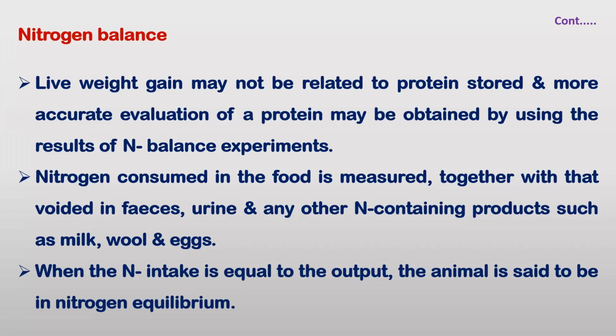So we can say the animal is either in positive nitrogen balance, in equilibrium, or in negative nitrogen balance. The health of the animal also depends on the presence of nitrogen, or protein, in the body of the animal.